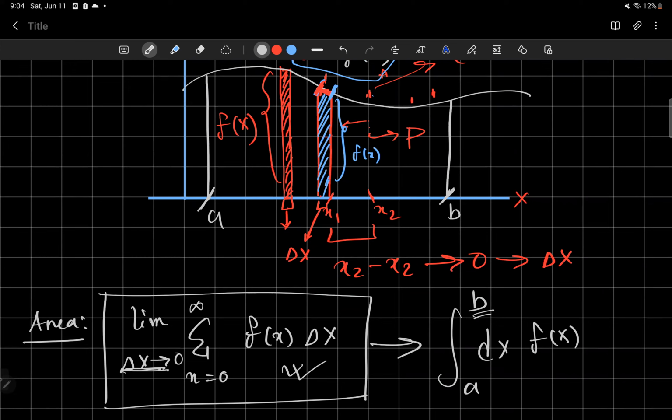And how do I know what is the lower limit and what is the upper limit in this case? How can I say, why don't you just write B as the lower limit and A as the upper limit, right? It totally depends on the problem.